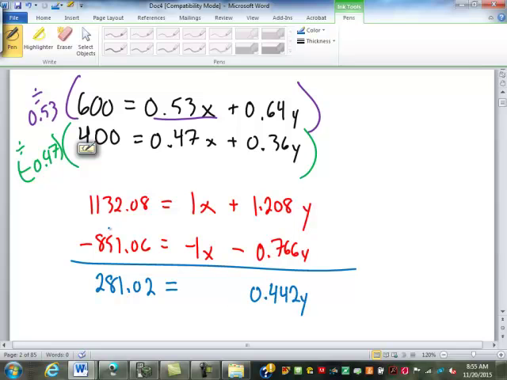Okay, so we take the 1132.08 plus the negative 851.06. We get 281.02. The x's cancel out. 1.208y plus negative 0.766y is 0.442y. So we have to divide by 0.442.